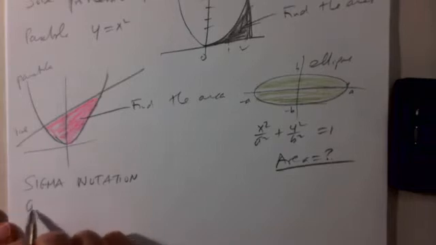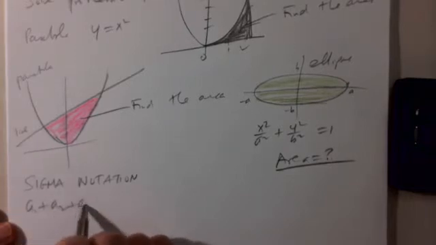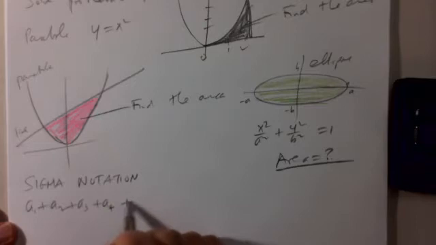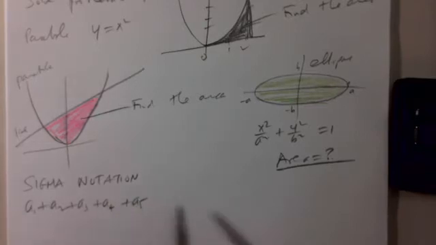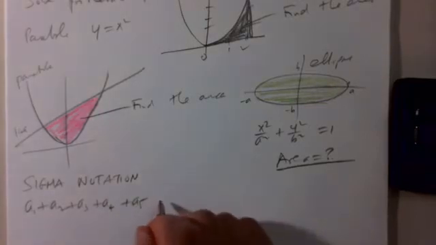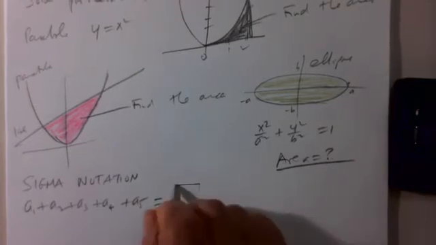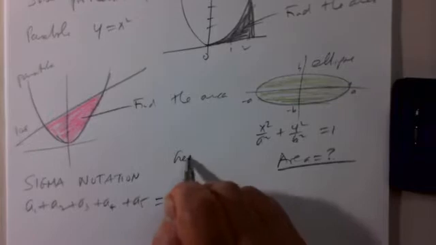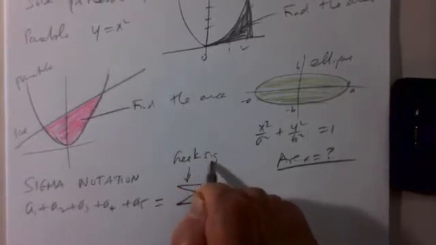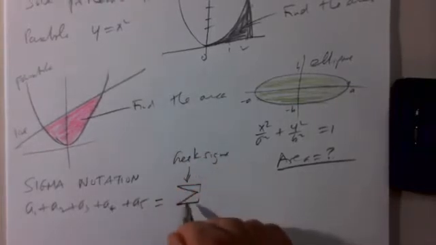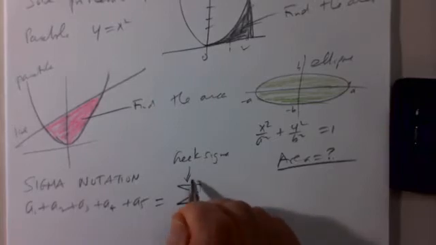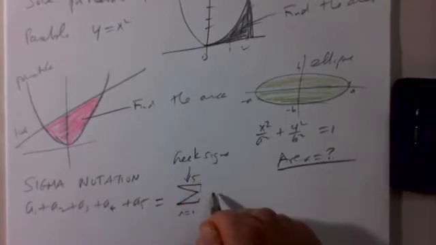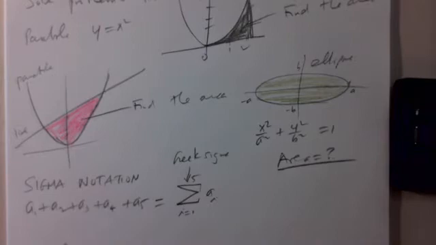If we have some numbers, say a1 plus a2 plus a3 plus a4 plus a5, and we don't want to write this whole thing down, we use this Greek letter, capital sigma: i goes from 1 to 5, a sub i. That's the notation for this.